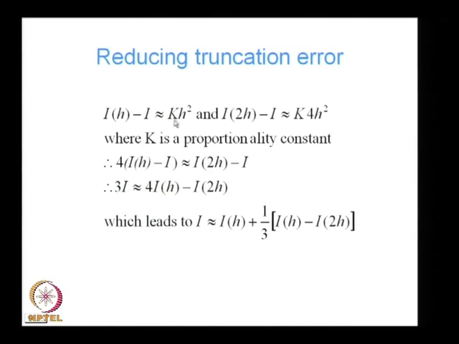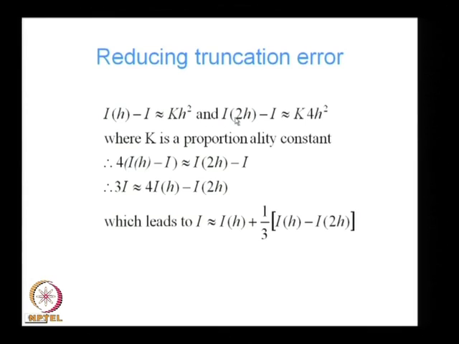Since the error is of the order of h square, I of h, the integral evaluated using the trapezoidal approximation with a step size h, differs from the true solution by h square. So, the error can be written as k times h square, where k is a proportionality constant.